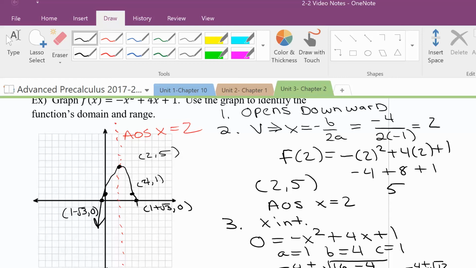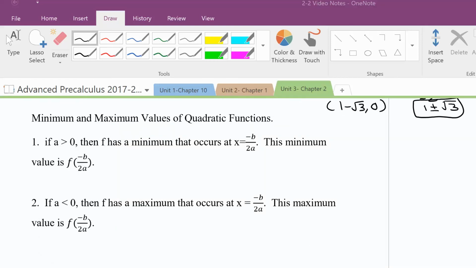Now, when it asks for domain and range, our domain is all real numbers, and our range is less than or equal to 5. Now notice, if the a term is positive, then the vertex will be at the bottom, which is called a minimum value.